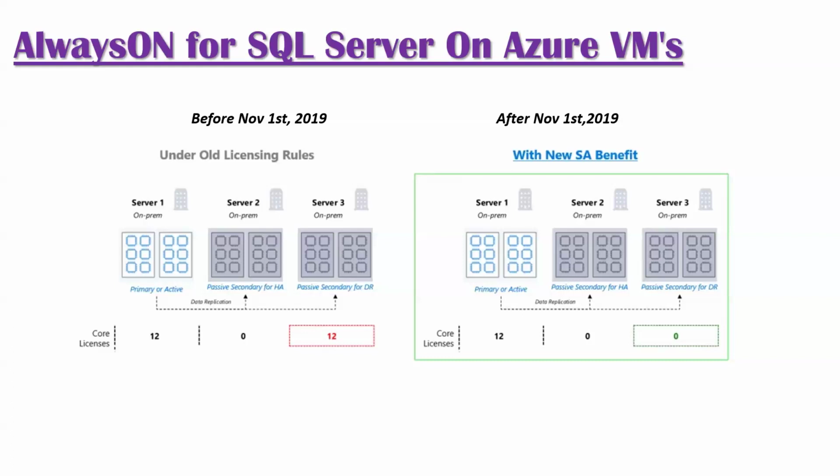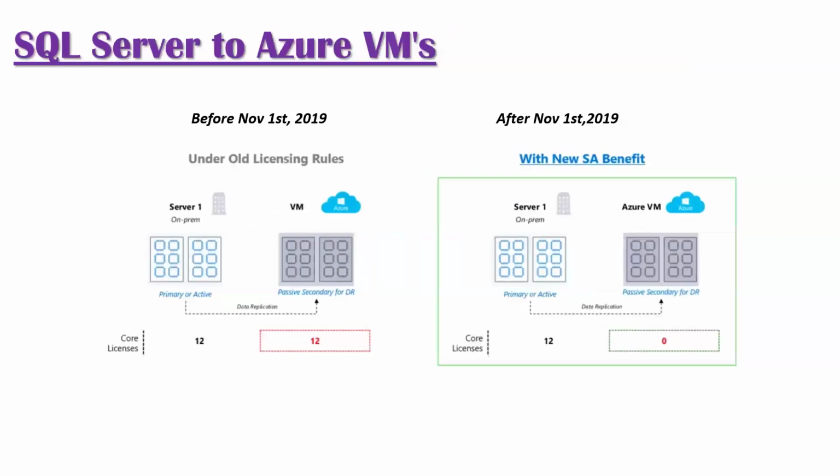So are these benefits available in cloud or on-prem? This is on-prem. If you go to the cloud before 2019, assume one VM is placed on-prem and one VM in the cloud, you would pay for 24 cores.